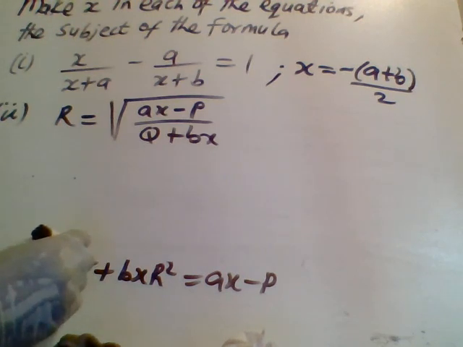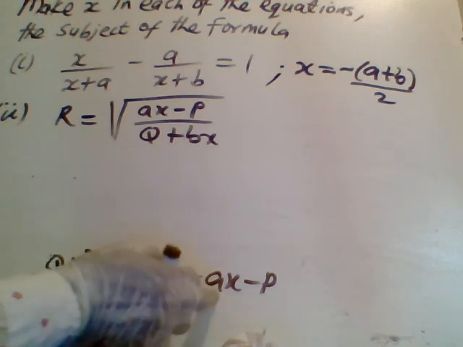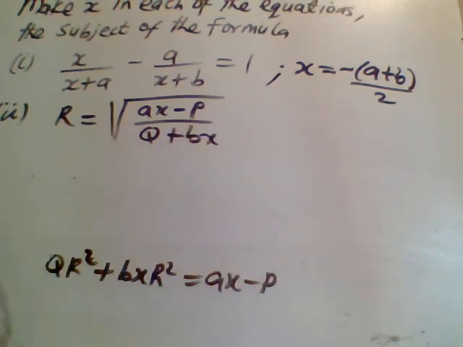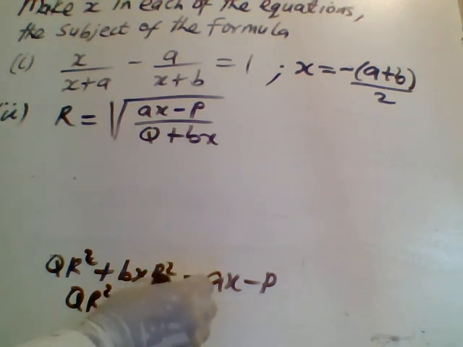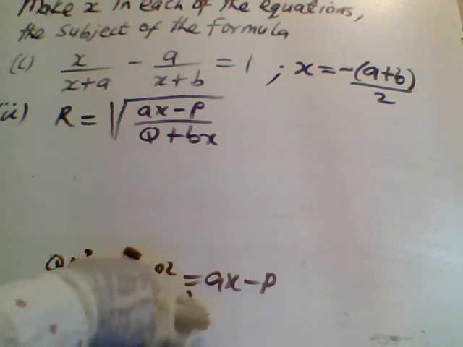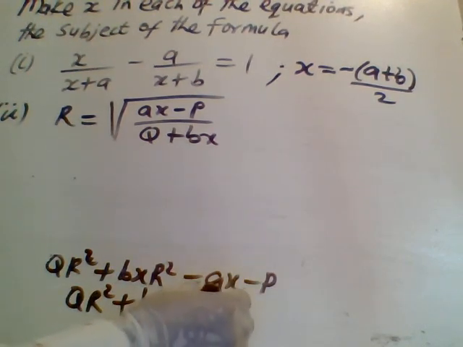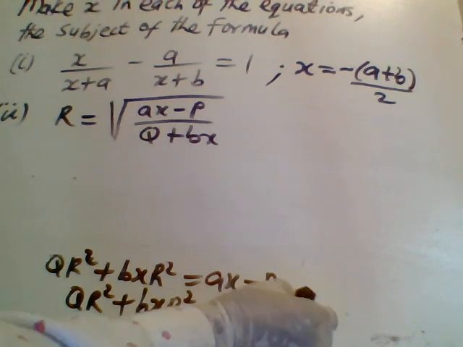So since our aim is to make x the subject of the formula, we leave this one. Let minus p cross the equal sign. If minus p crosses the equal sign, we have q r squared plus bx r squared is equal to, when this crosses the equal sign, it becomes plus p, and then we have only ax.